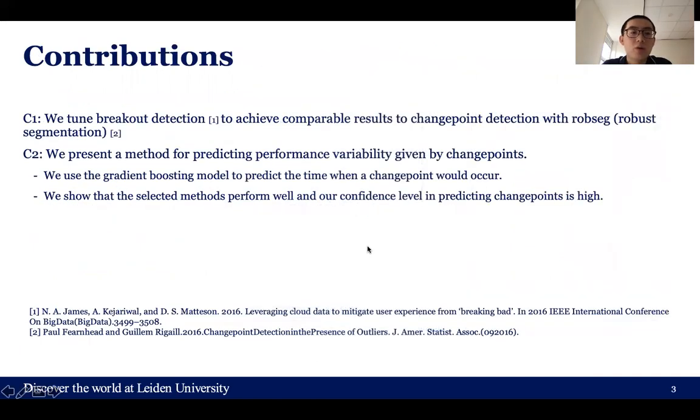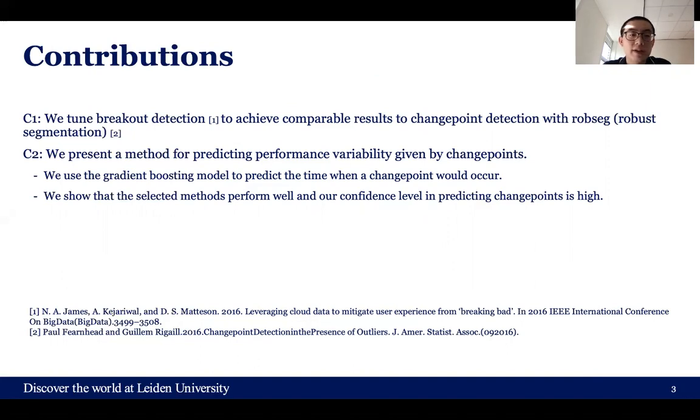In this paper, we made two contributions. First, we use breakout detection to achieve comparable results to change point detection with RobSeg. Both of them are change point detection methods, and there are many change point detection methods nowadays. RobSeg is robust segmentation, as it was called by its authors, and RobSeg is how I'm going to refer to the method in this presentation.